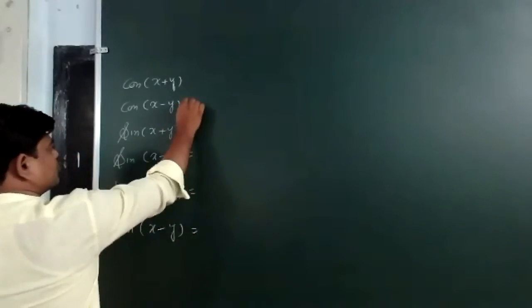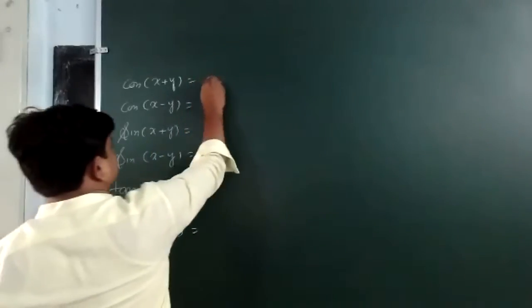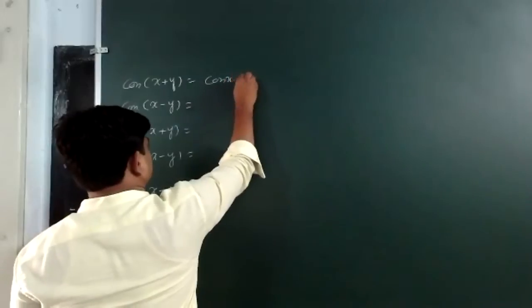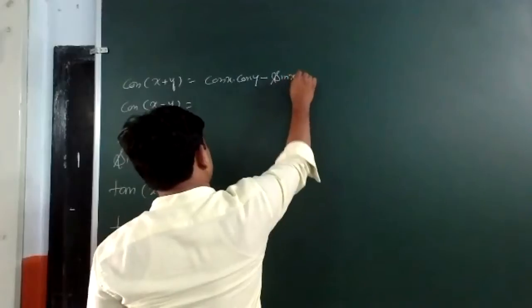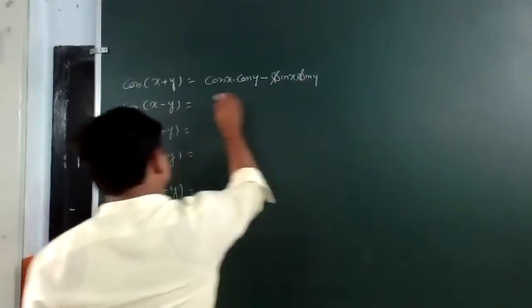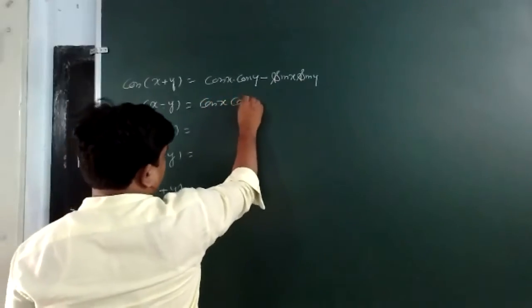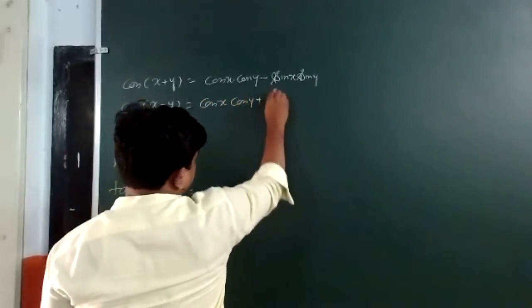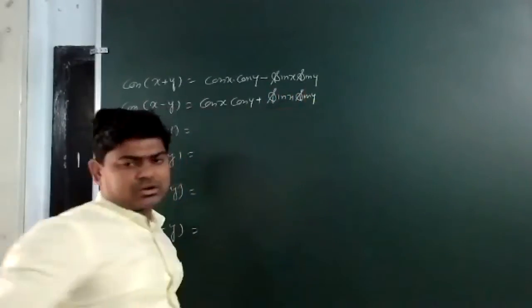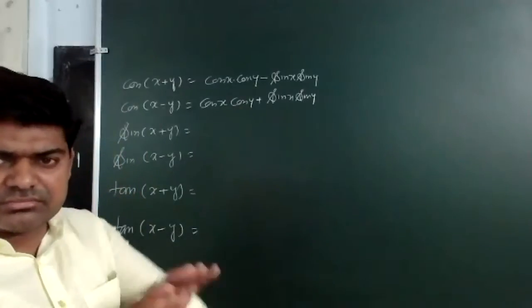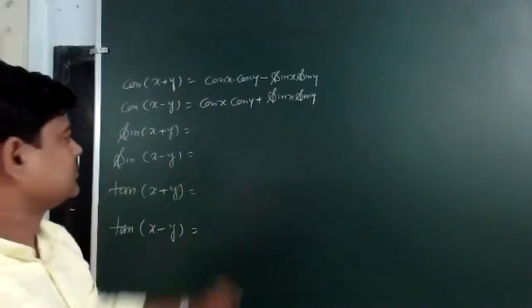Cos x plus y can be written as cos x cos y minus sin x sin y. When it is minus, it will be plus: cos x cos y plus sin x sin y. You have to learn all these formulas, because in this exercise and even in coming exercises these formulas will be used.